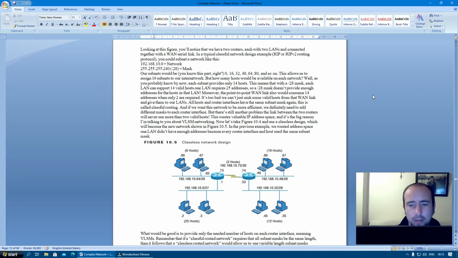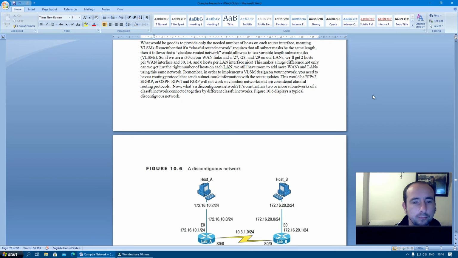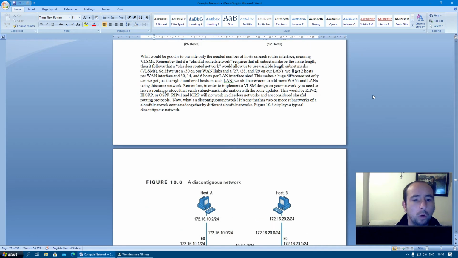Now let's take a look at figure 10.4 and use a classless design, which will become a new network shown in figure 10.5. In the previous example, we wasted address space on a LAN, or didn't have enough addresses, because every router interface and host used the same subnet mask. What would be good is to provide only the needed number of hosts on each router interface, meaning VLSMs.